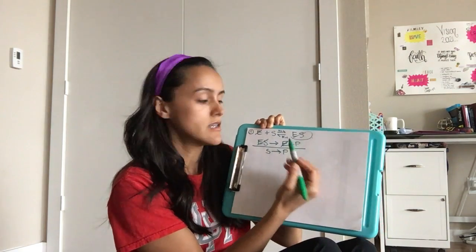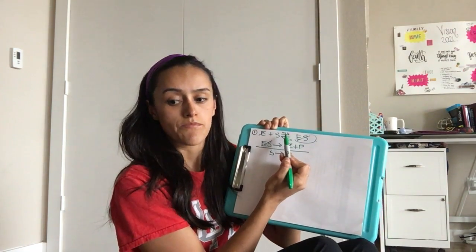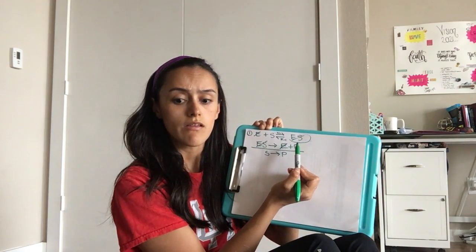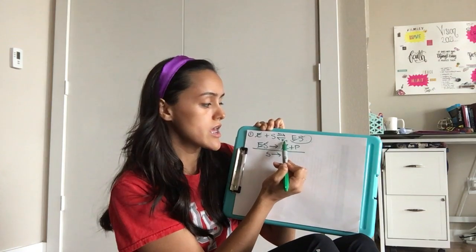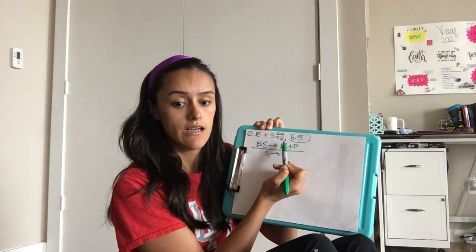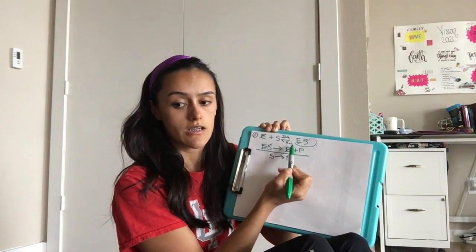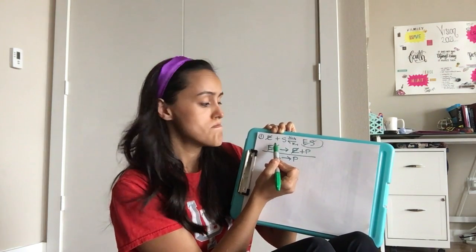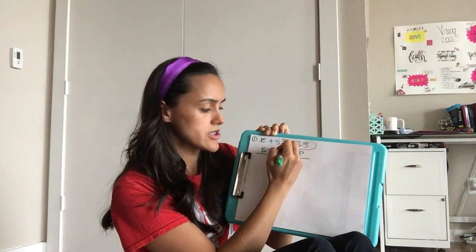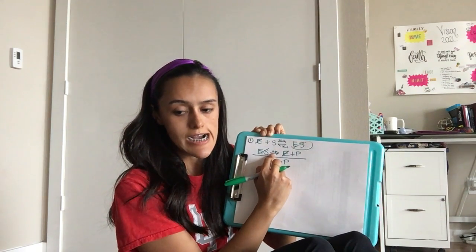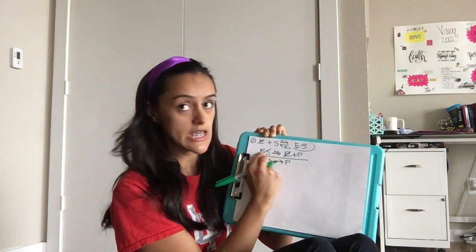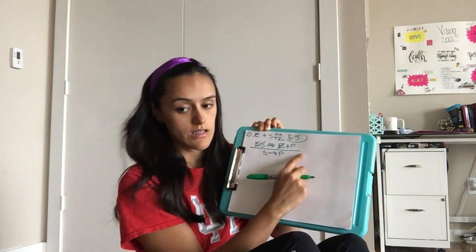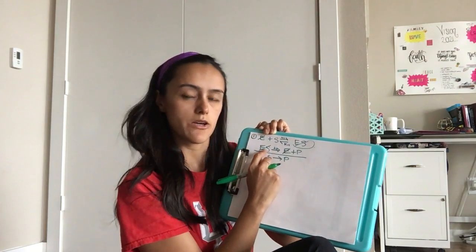So basically, K1, which creates ES, minus the K minus 1, which consumes ES, minus the K2 here, which consumes ES. This ES equals 0.